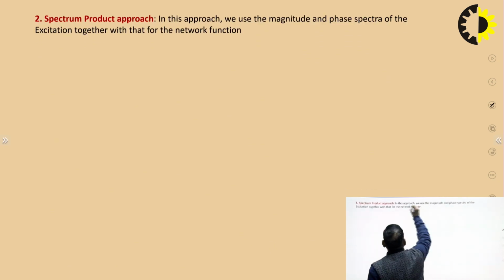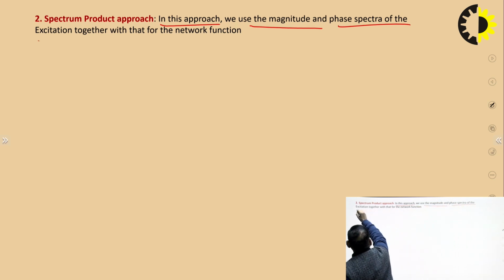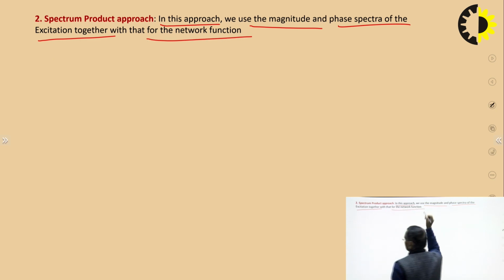In this approach, we use the magnitude and phase spectra of the excitation together with those of the network function. The network function is given. So we take the magnitude and phase angle of the network function, and also the magnitude and phase angle of the excitation.